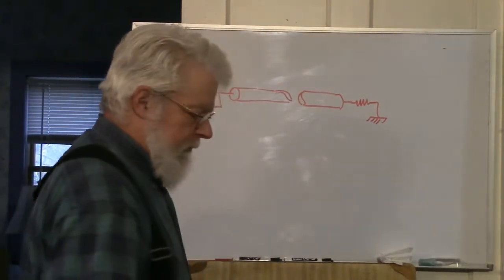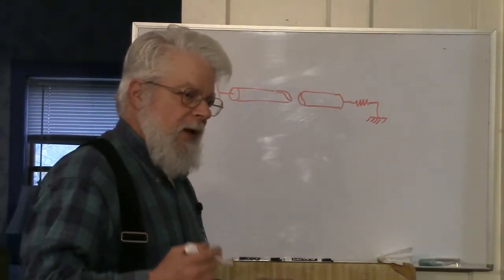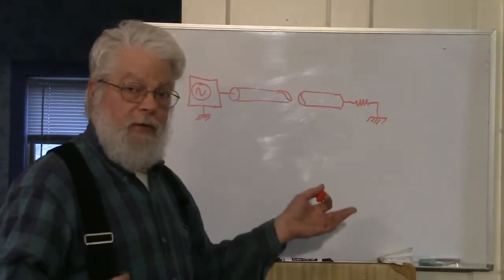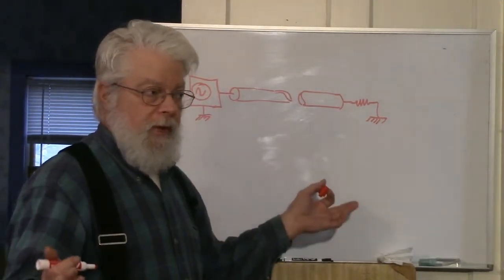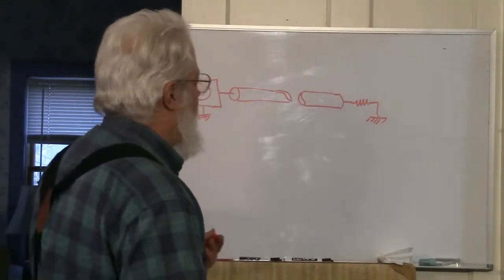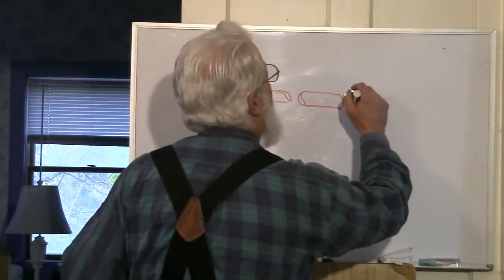Now, given that we know a line terminated in its characteristic impedance is not going to produce any reflections, we're going to terminate this in 100 ohms.